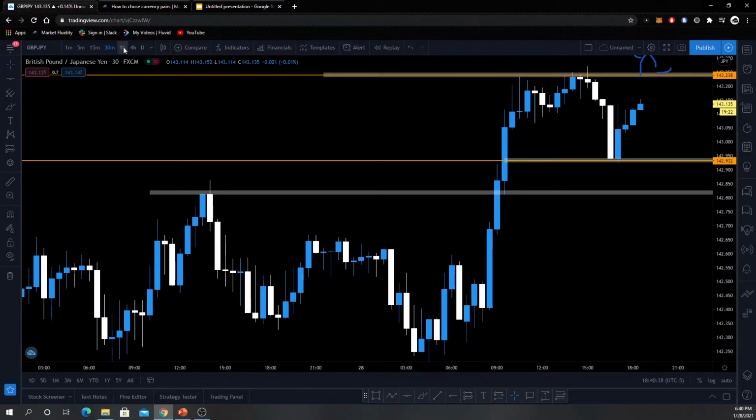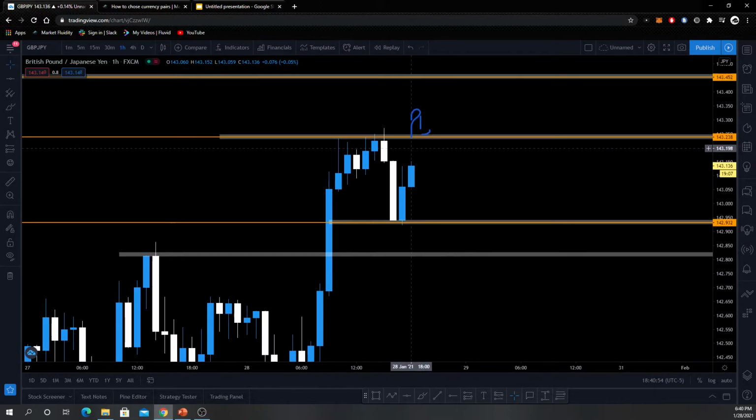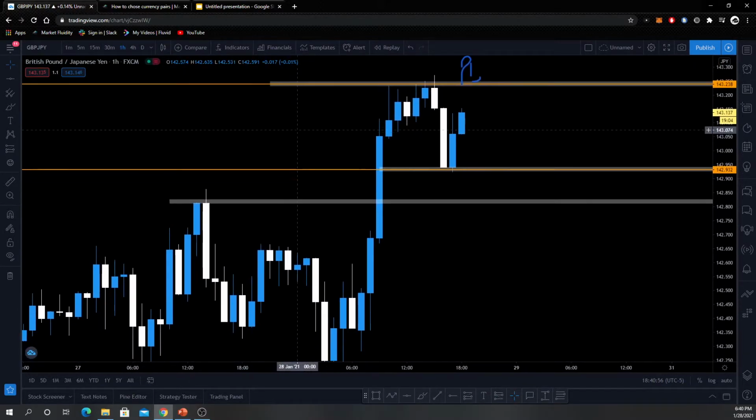Let's go on the 1H. What happened here? For the entry, I didn't get a retracement back. The price just kept on going, so I missed the trade, and I was okay with it, although it was sad to do so because it would have been a great beautiful trade. But I didn't get the confirmation, although the only confirmation there was is this.